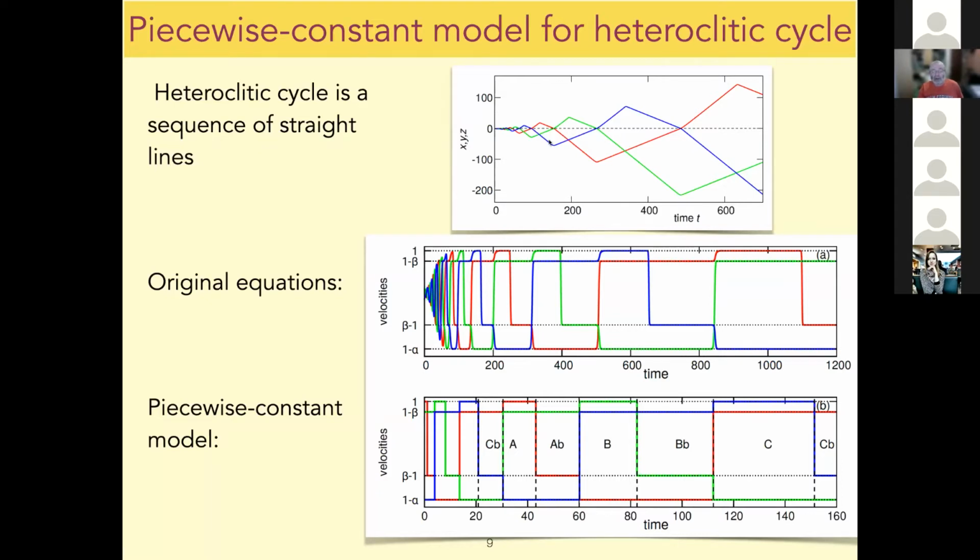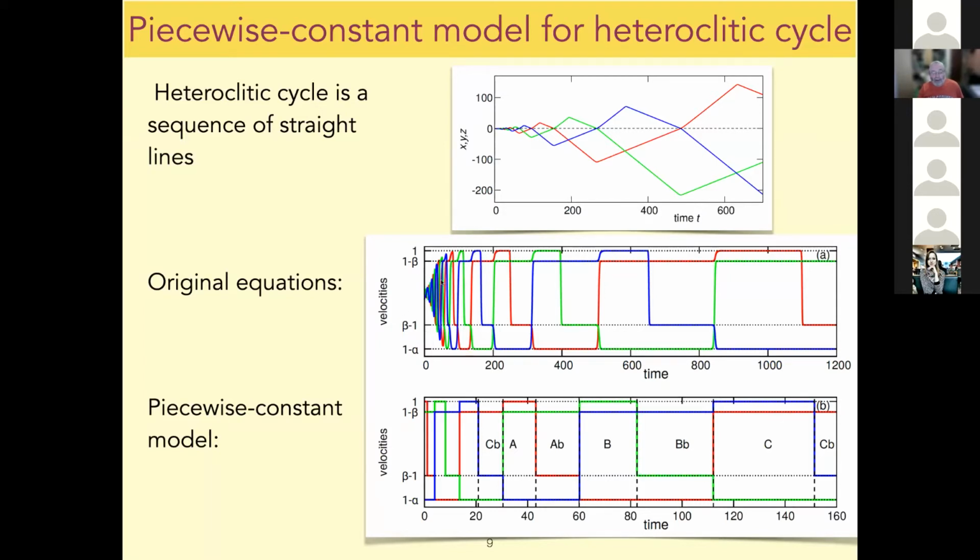Here I compare this piecewise constant model with the original equations. I don't compare the variables themselves, but the velocities. In the piecewise constant model the velocities are constants, like here, and at some moments of time they switch between different regions.